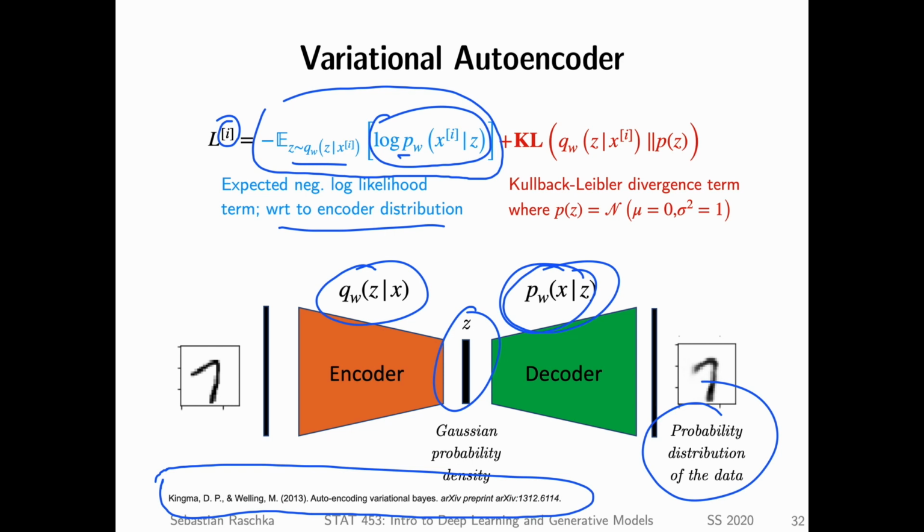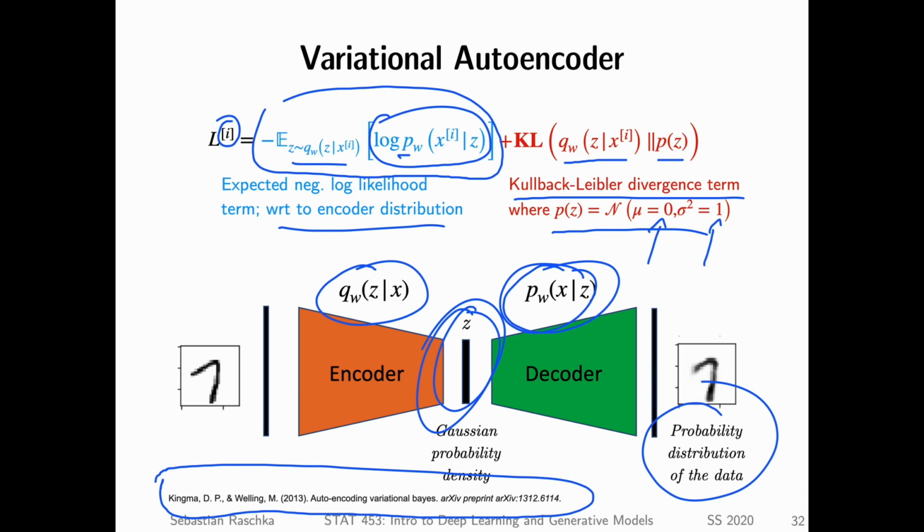The second part is this Kullback-Leibler divergence term, the KL divergence term. And this one is added to this loss function to enforce that this is a Gaussian distribution here. So here we have the divergence between the encoder distribution and a distribution which is usually chosen to be a normal distribution with mean 0 and unit variance.